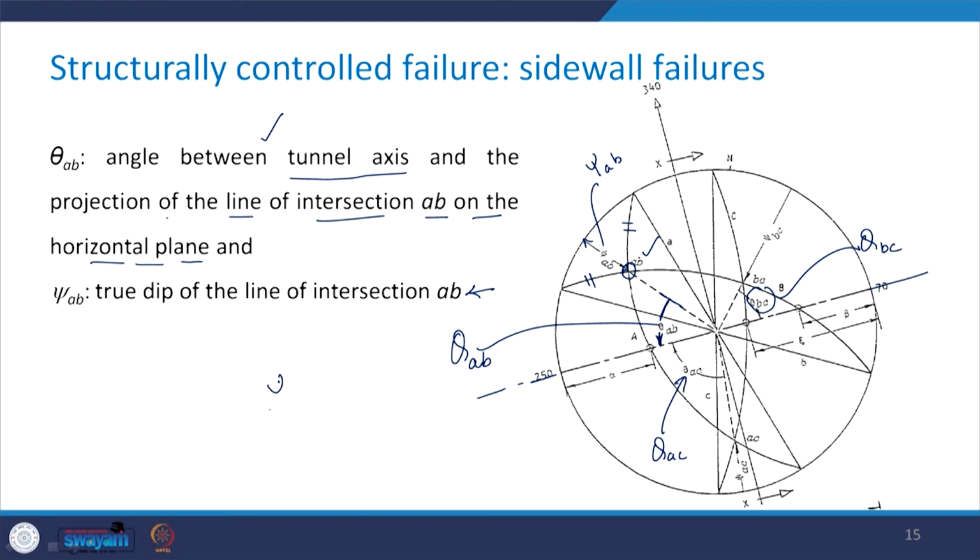The expression that we are using to obtain psi ABT, a similar expression we can write for the determination of psi BCT and psi ACT. So therefore, we would need theta BC, theta AC along with psi AC and psi BC.